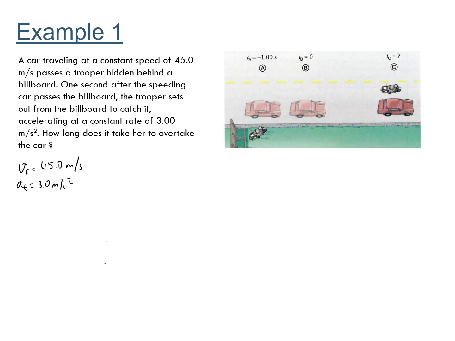So, how long is the time for the trooper? Is our question. I suggest you start your thinking at the moment of overtake. Which is faster? The car, the trooper, or do they have the same velocity?